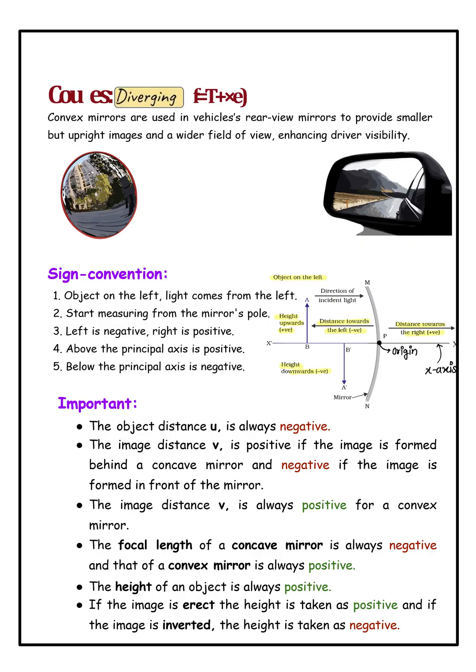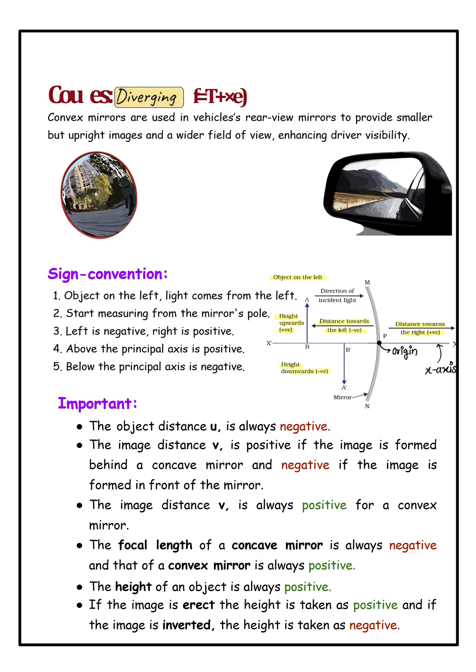Now comes the real part of the chapter, where you have to understand the sign conventions, which you'll be using for the numericals. For the sign convention, if you have some idea of coordinate geometry from your maths, that will make more sense to you. For the first point in the sign convention, the object is on the left, so light comes from the left.